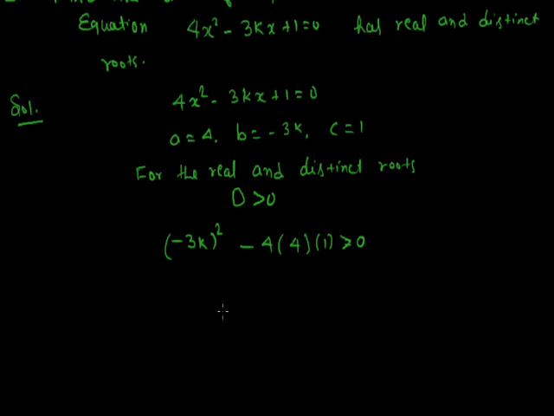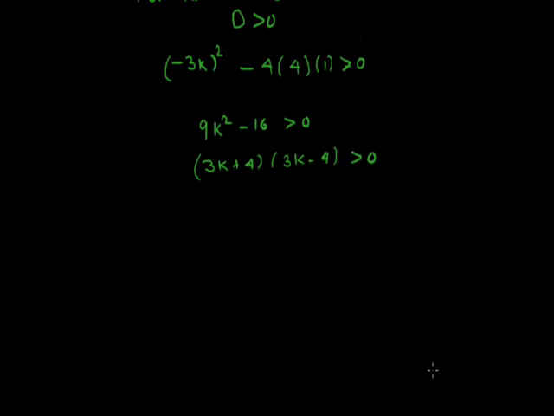This will be greater than 0. 9k square minus 16 will be greater than 0. We can also write (3k plus 4) multiplied by (3k minus 4) will be greater than 0. Now 3k plus 4 and 3k minus 4, this has to be positive.